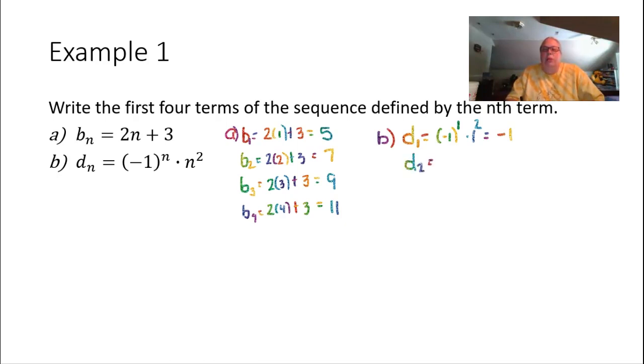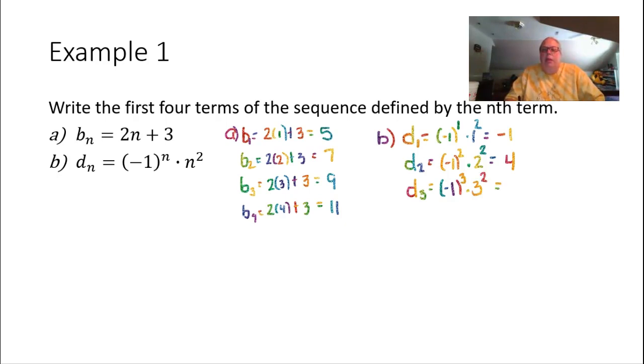D sub 2, this is going to be -1 to the second power times 2 to the second power. This is going to give me a +4. D sub 3, -1 to the third power times 3 to the second power.